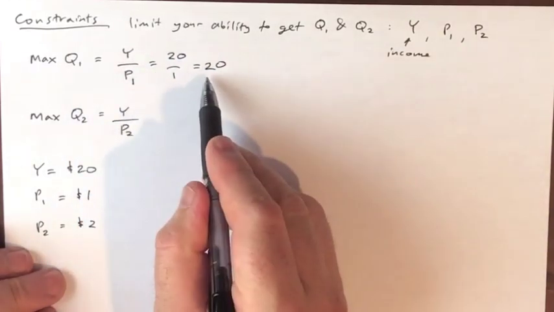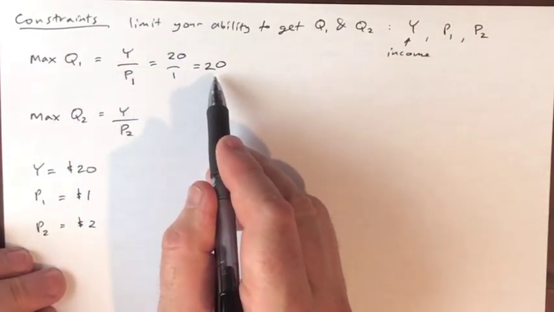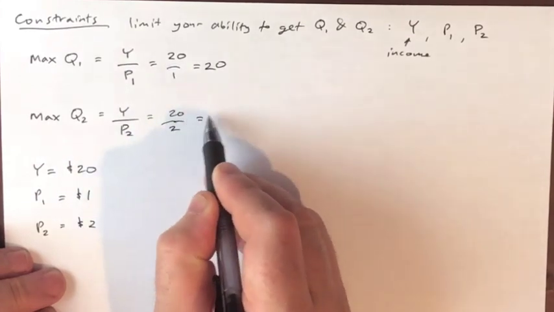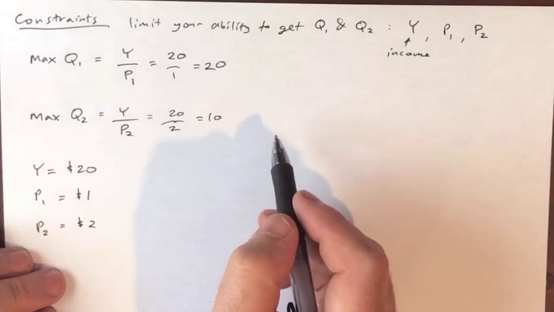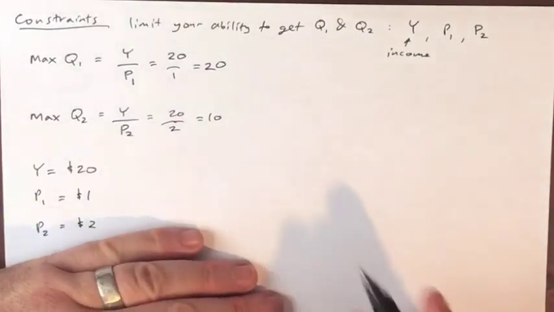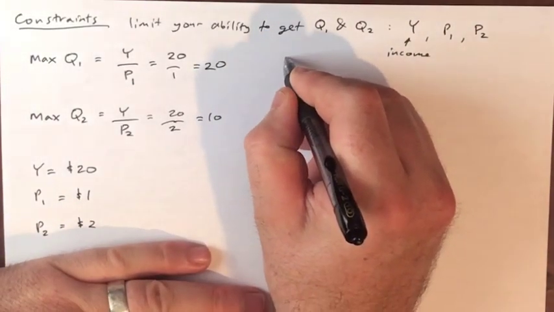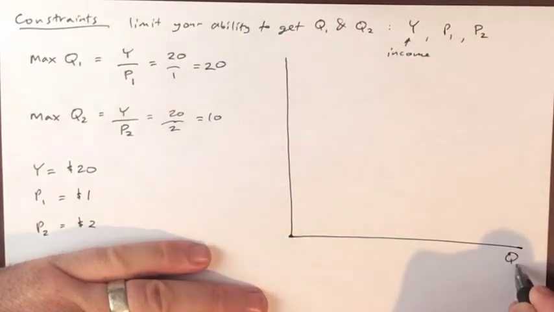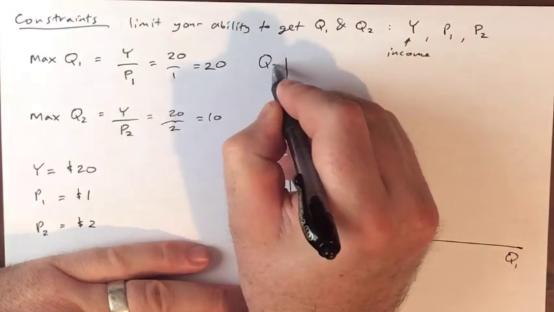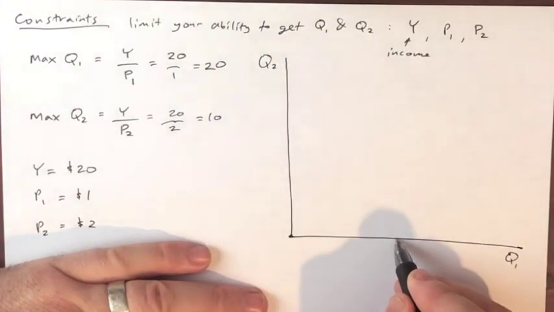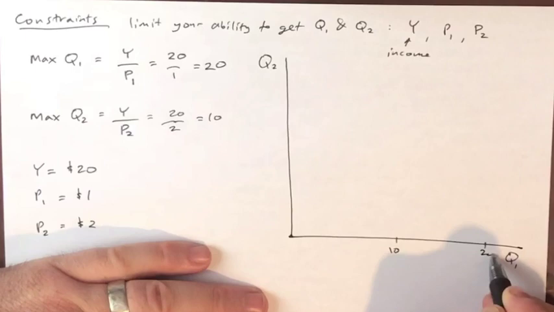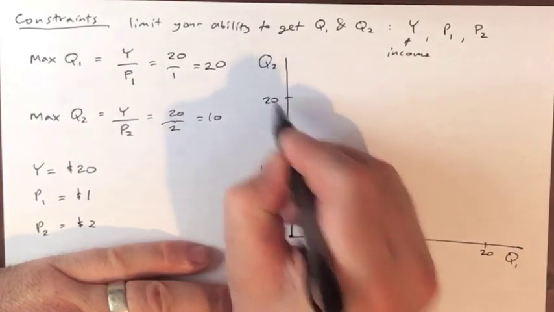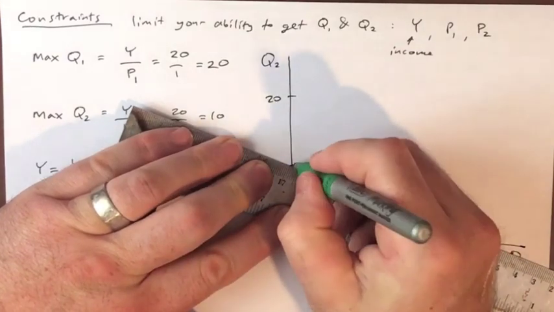Okay, that's the maximum quantity that that person can attain of good 1. All right, 20 over 2, or 10 for good 2. Okay, so we can put this on our graph. Quantity of good 1, quantity of good 2, 10, 20, 10, 20. Draw this so it comes out real nice.